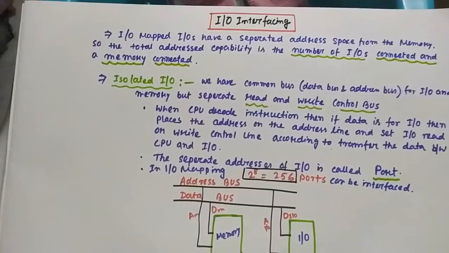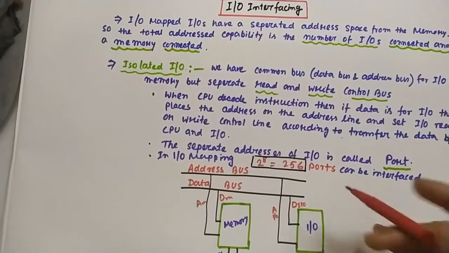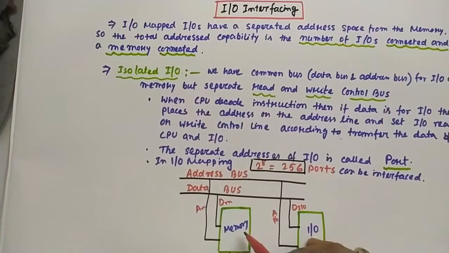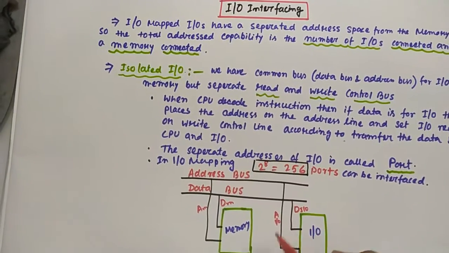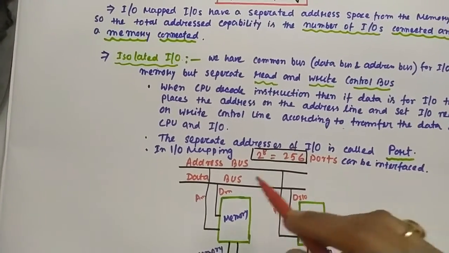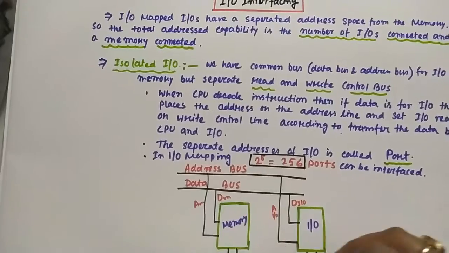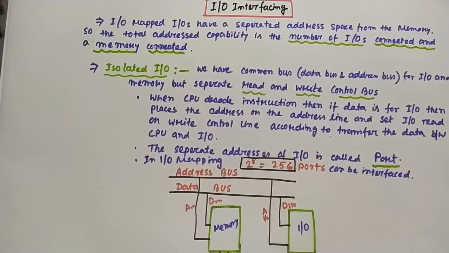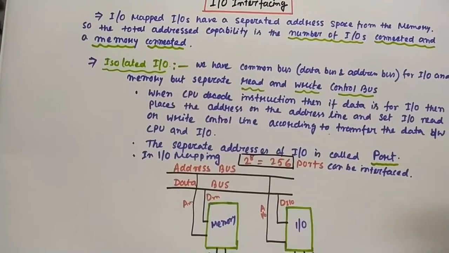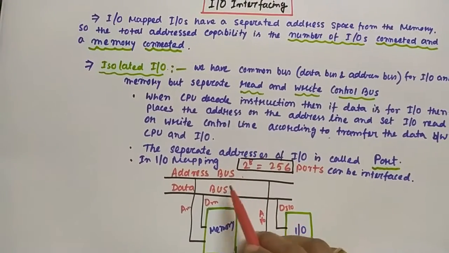That means the input-output device should be separate from the memory. In this case, the mapping happens with the help of differentiating the address and data bus.